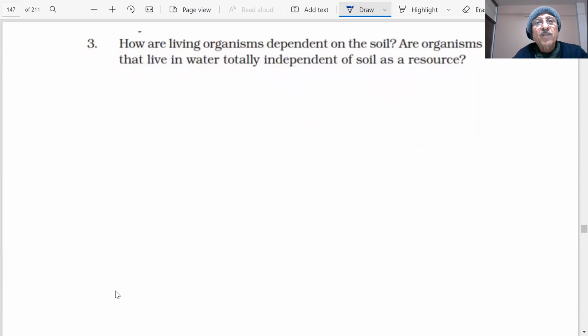Next question is coming, student. How are living organisms dependent on the soil? Are organisms that live in water totally independent of soil as a resource? Questions were discussed in a different way, but once they are asked like this, then we have to be sure what answers have to be written.